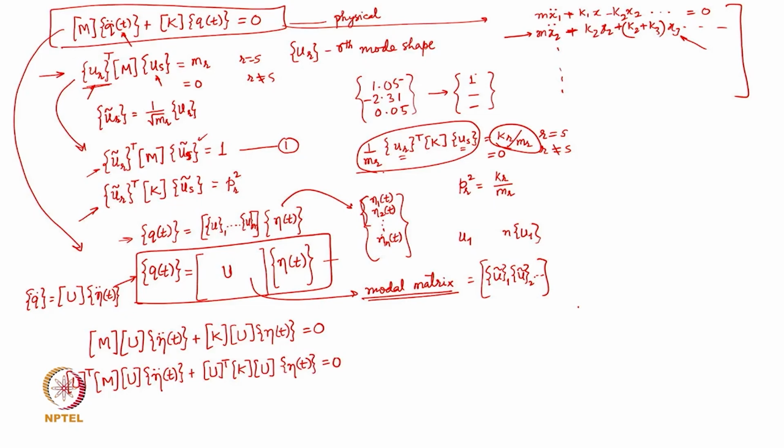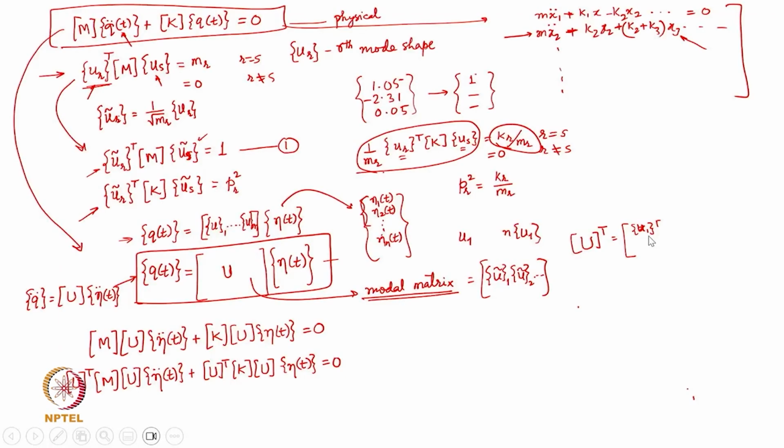Now, what do I get? U transpose means what? In this I will have your U1 transpose, isn't it?